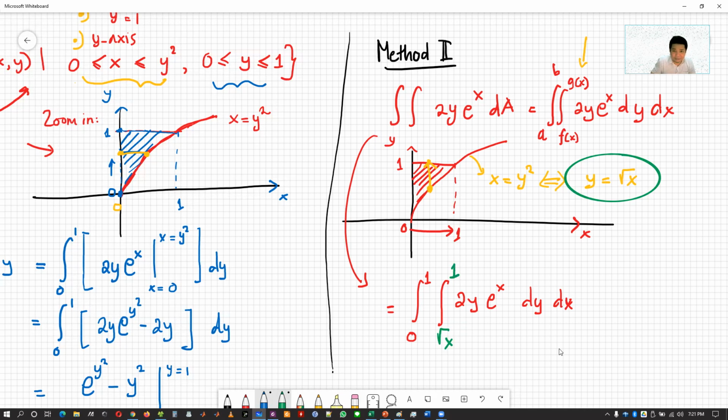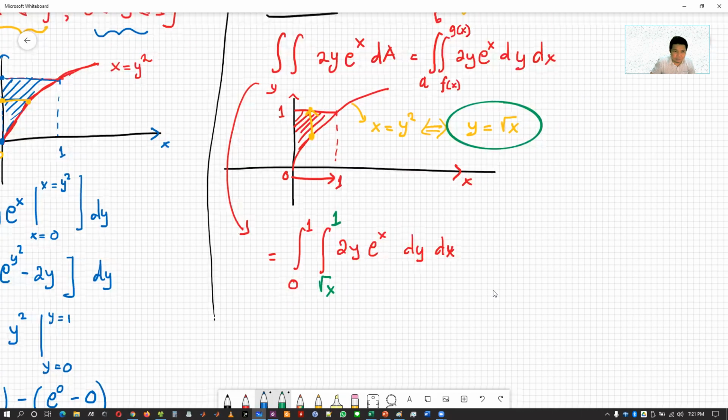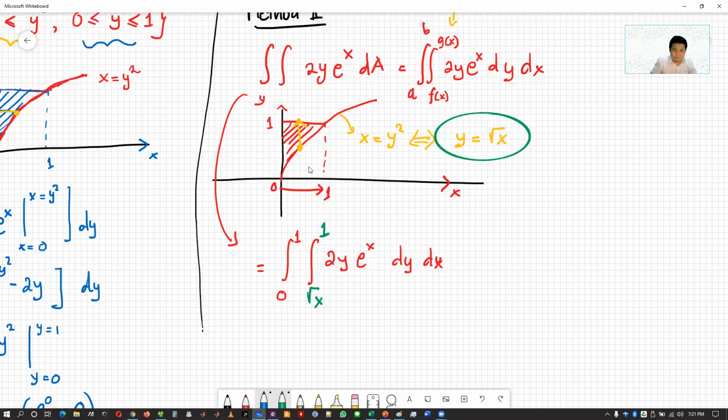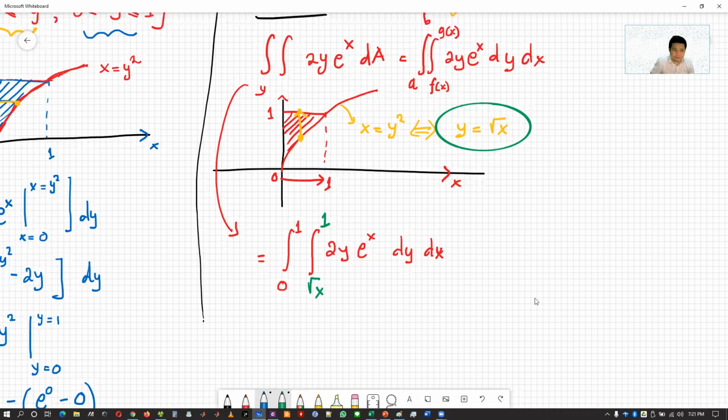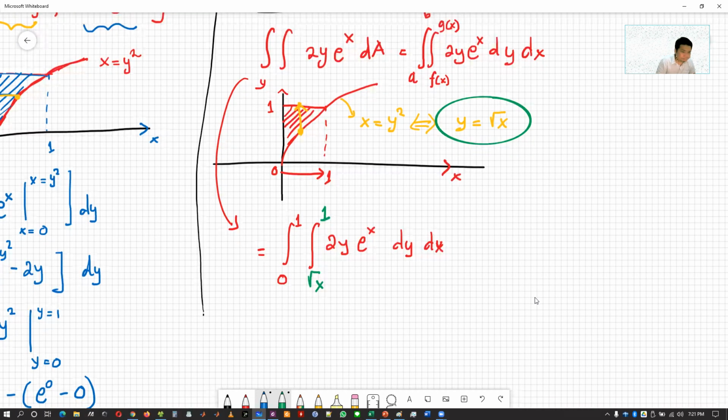Okay, that's it. Try to figure out the figure of the domain itself first, and then write down the boundary. Correct.